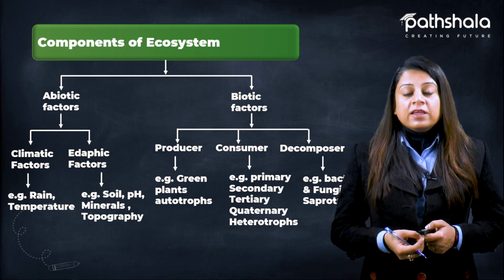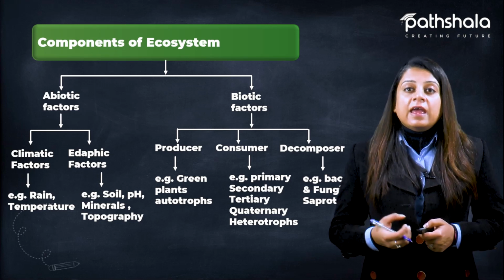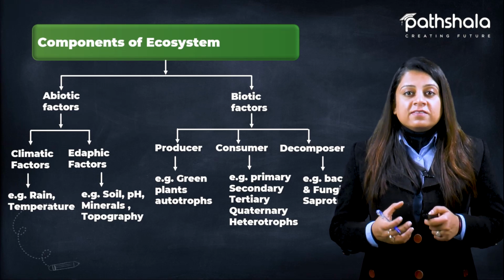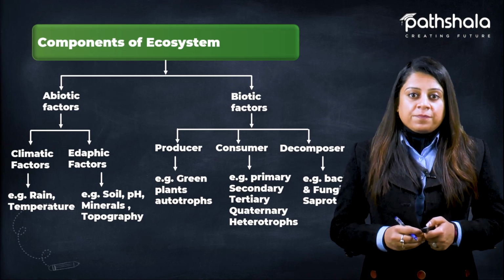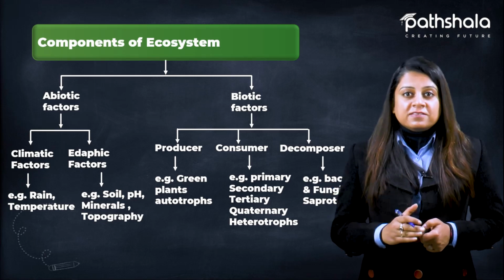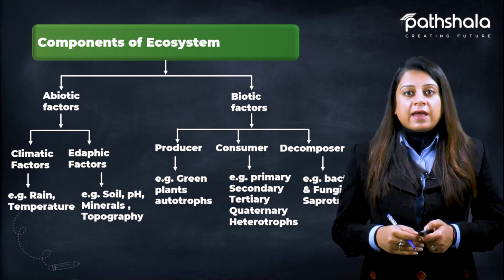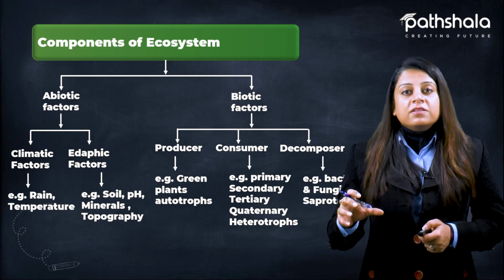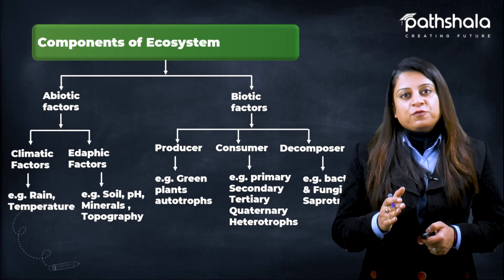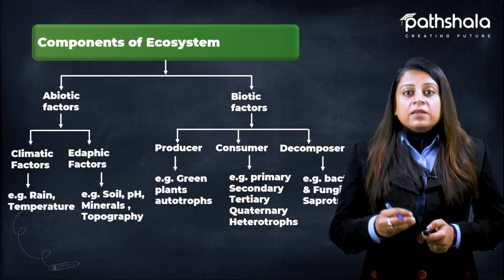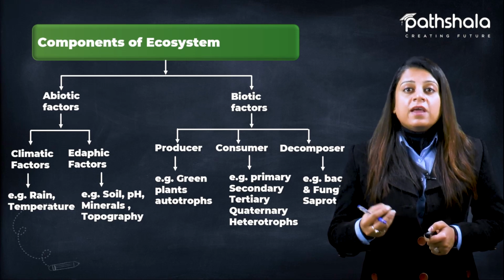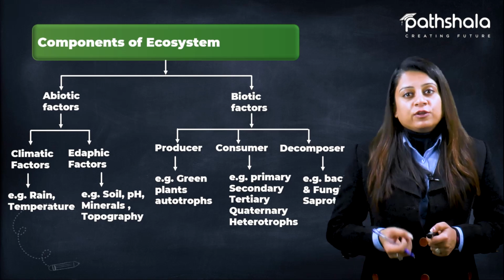This chlorophyll in the presence of sunlight helps the plants to prepare their food and thus they are termed autotrophs. Now, all other organisms, be it animals or some other lower animals, are directly or indirectly dependent on the plants for their food. And that's why these organisms are termed consumers.